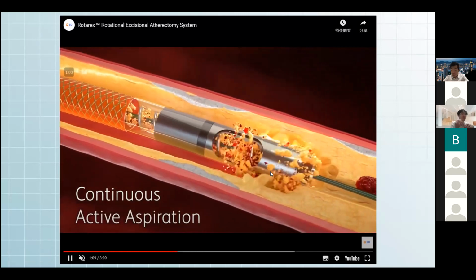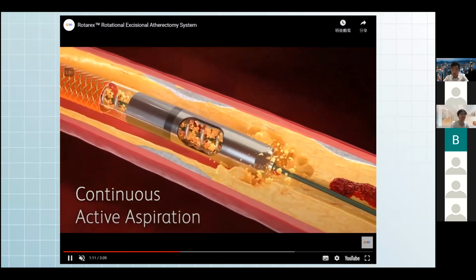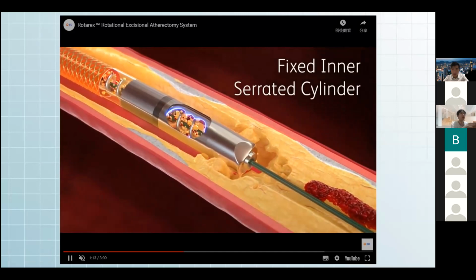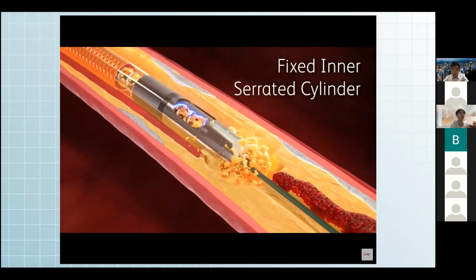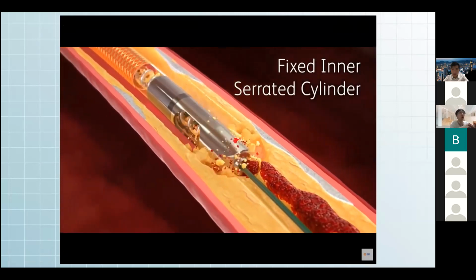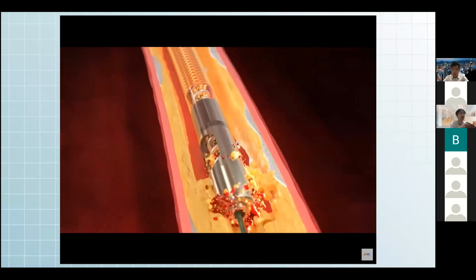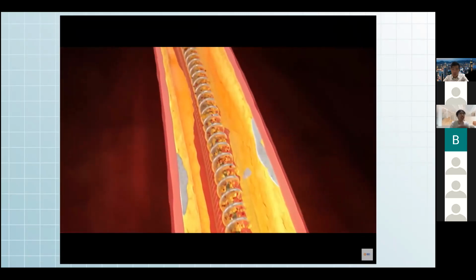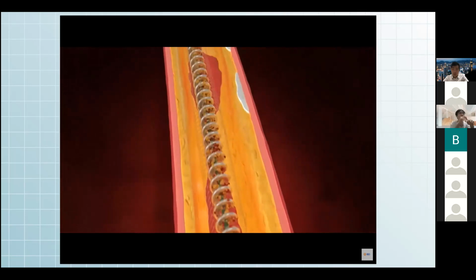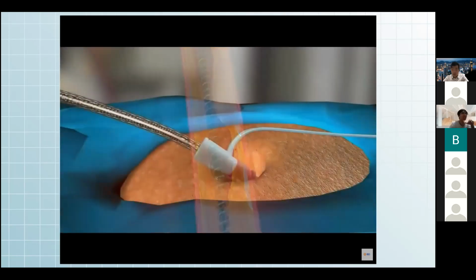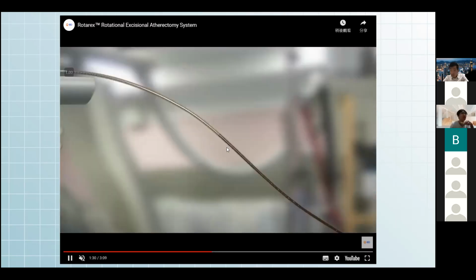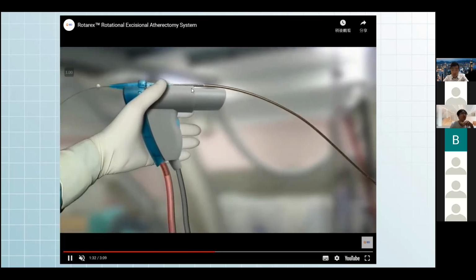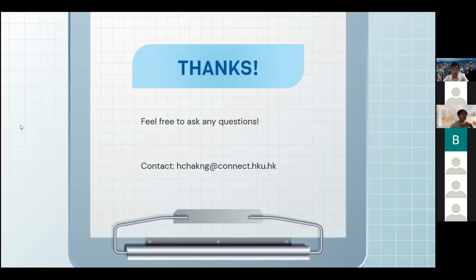So it continuously aspirates it so that it can essentially provide a larger area for your blood to actually pass through, and it is permanent. Unlike angioplasty, which pushes it away, it doesn't clean your vessels. So yeah, and then essentially those materials will be aspirated and then they will be thrown away.